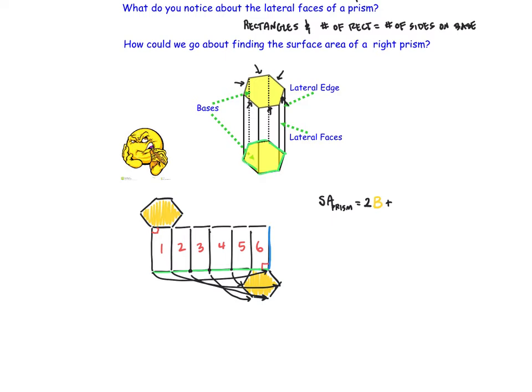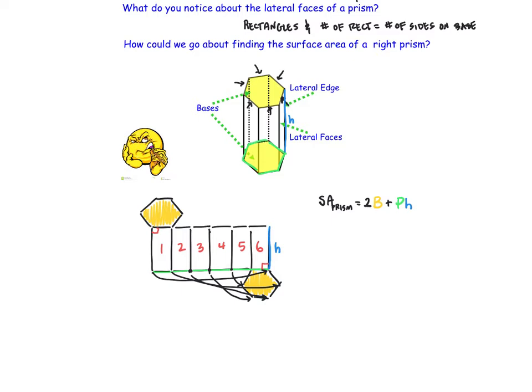It's cool. So I'm going to take 2 times the area of the base plus the perimeter times this value, and that's going to be the height of the prism. It's going to be the length of one of these lateral edges. We're going to call that the height, and the height is always the distance between the bases.